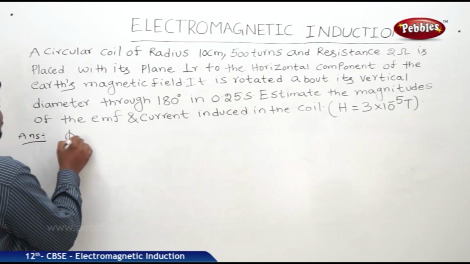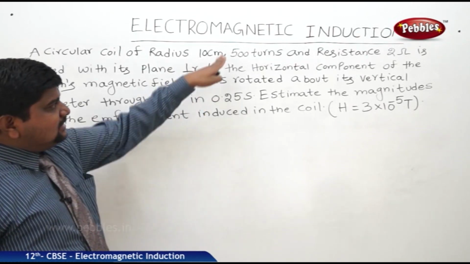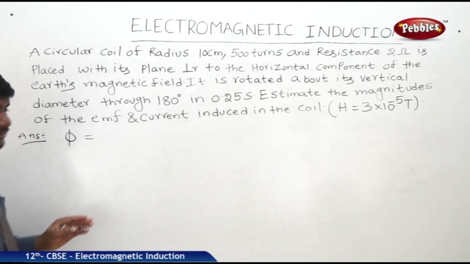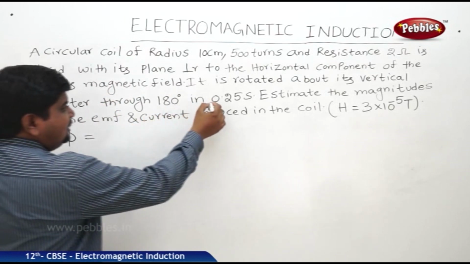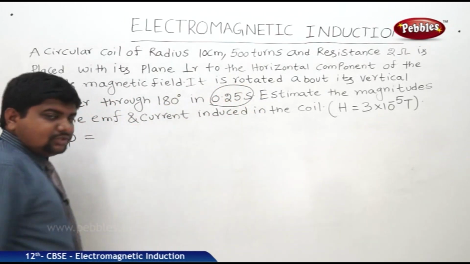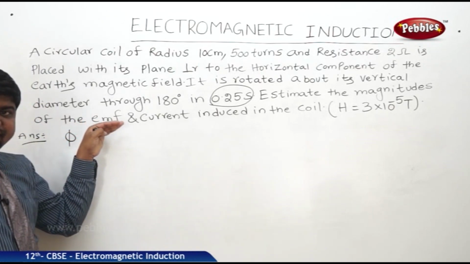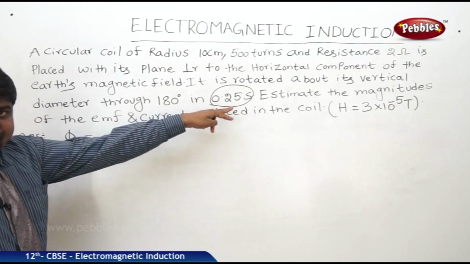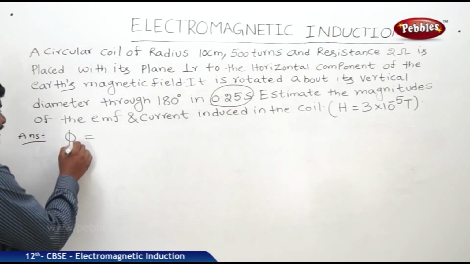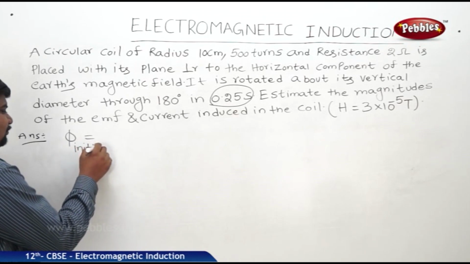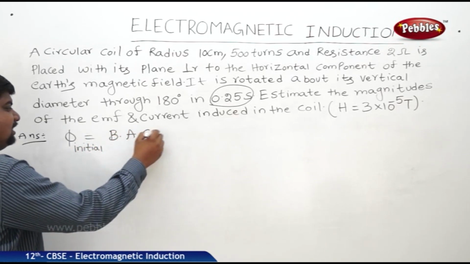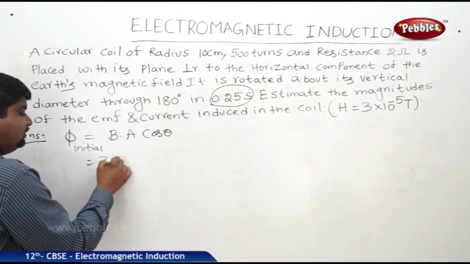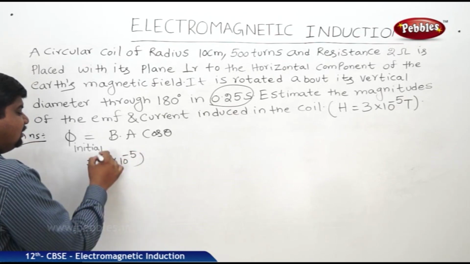What is flux? Initially, the coil is placed in the horizontal component of the Earth's magnetic field, and it is rotated from 0 to 180 degrees in this time. So what is the induced EMF? d phi B by dt means we should find the change in flux with respect to the given time. The change in flux is phi final minus phi initial. Phi initial is equal to B A cos theta, where B is the horizontal component of the Earth's magnetic field, 3 into 10 to the power of minus 5 Tesla.